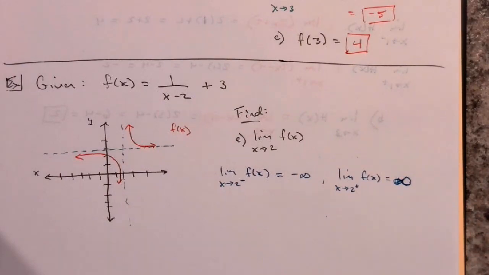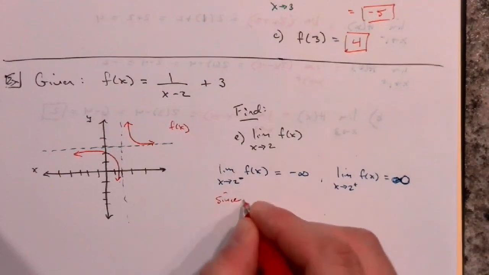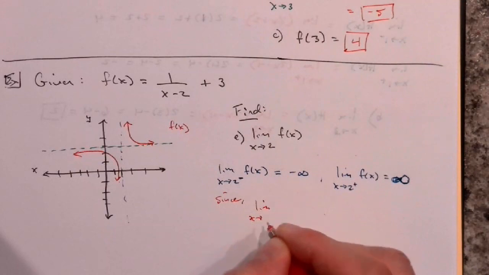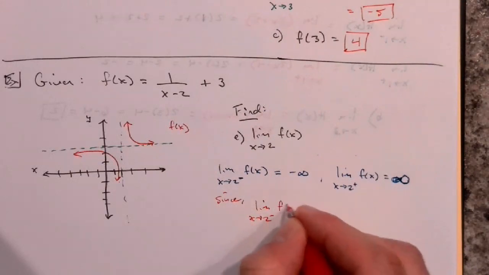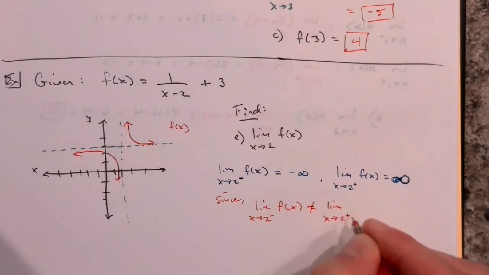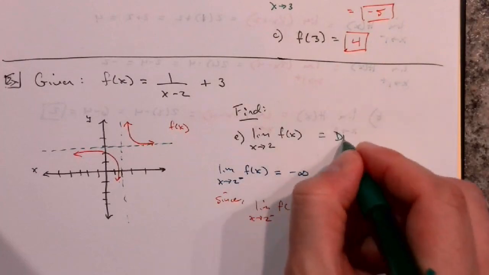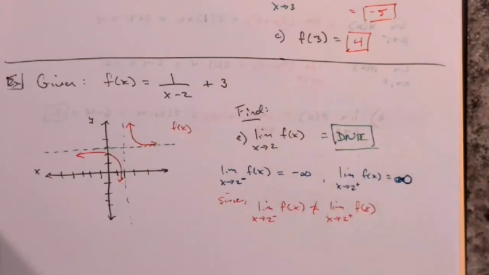And then remember, for the limit to exist, what do we have to have happen? Well, the limit from the left needs to be equal to the limit from the right. Well, are these equal? Well, negative infinity is not the same as infinity. So since the limit as x approaches 2 from the negative side of f of x does not equal the limit as x approaches 2 from the positive side of f of x, then the answer is the limit does not exist.